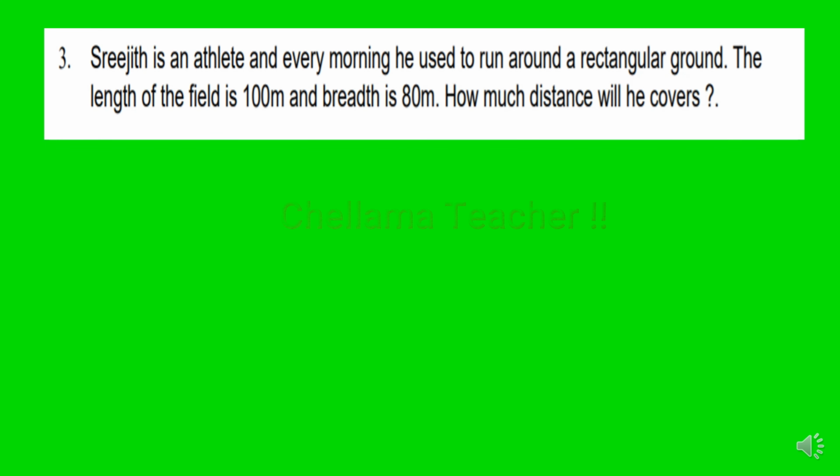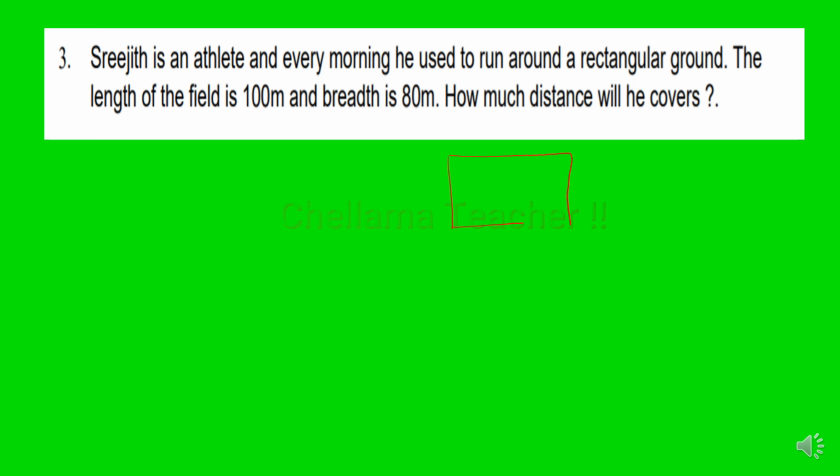Question 3. Srijit is an athlete and every morning he used to run around a rectangular ground. The length of the field is 100 meter and breadth is 80 meter. How much distance will he cover? Let us draw a rectangle.